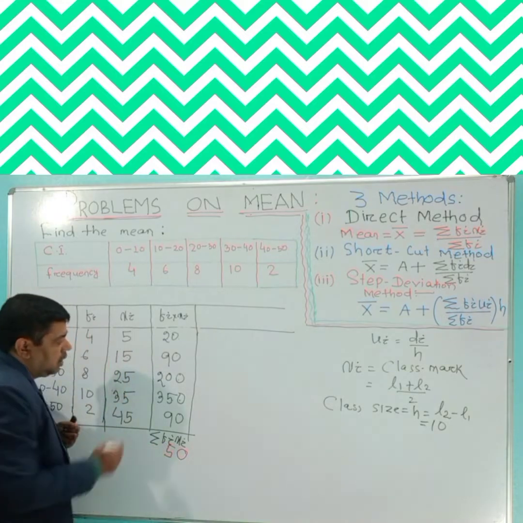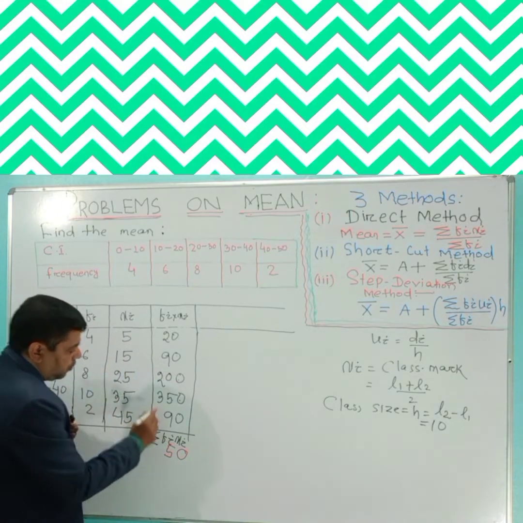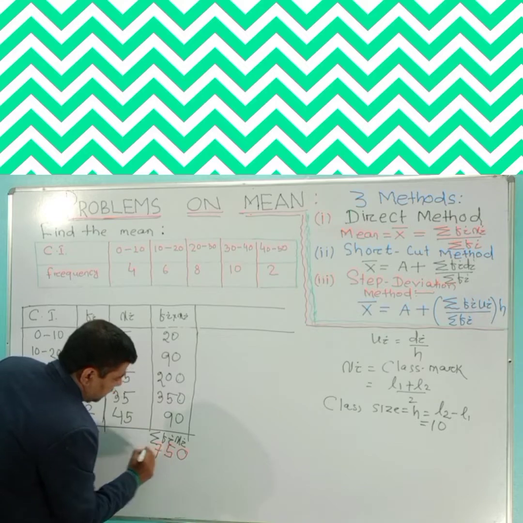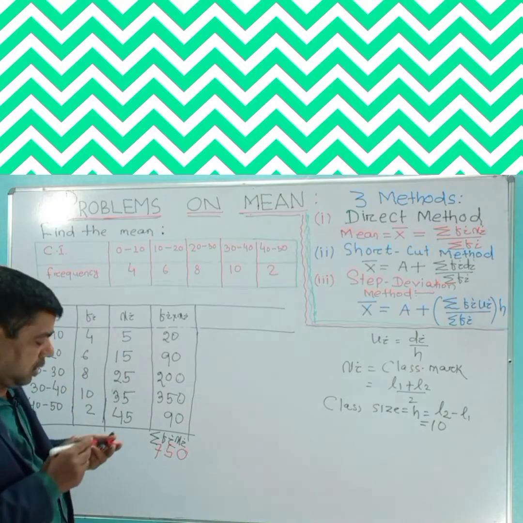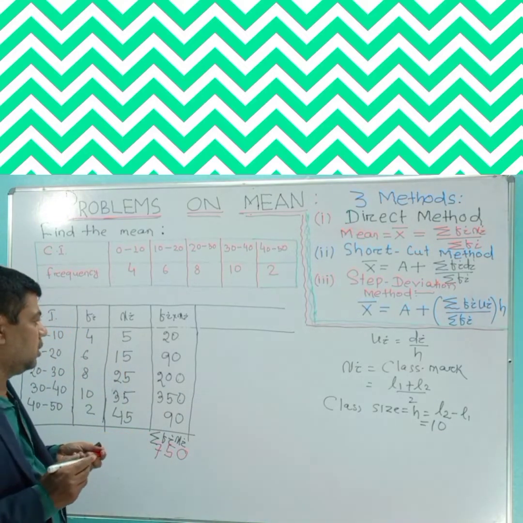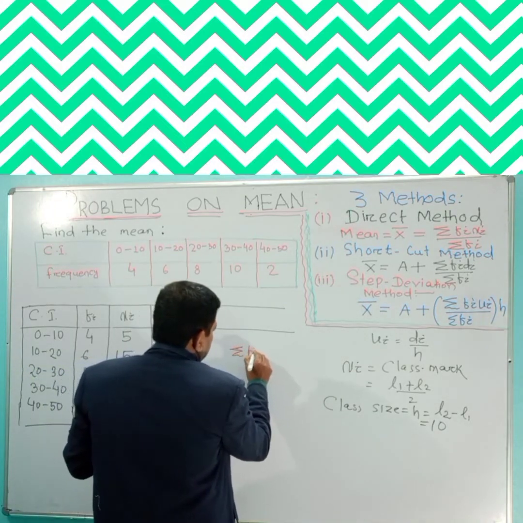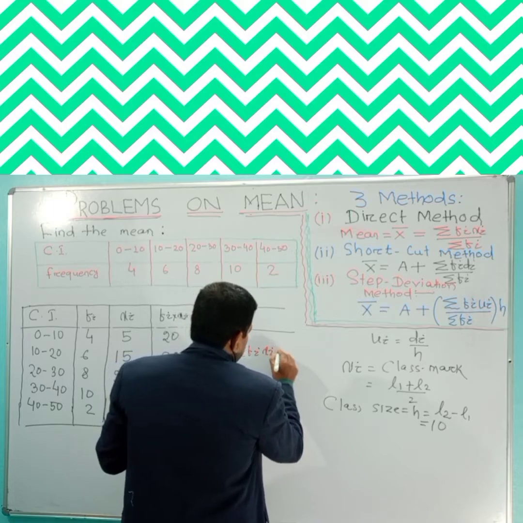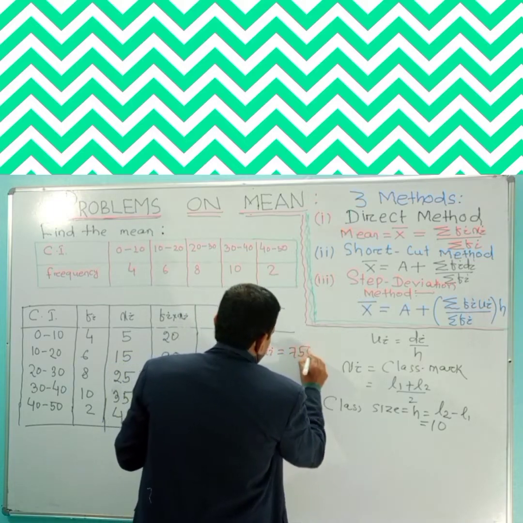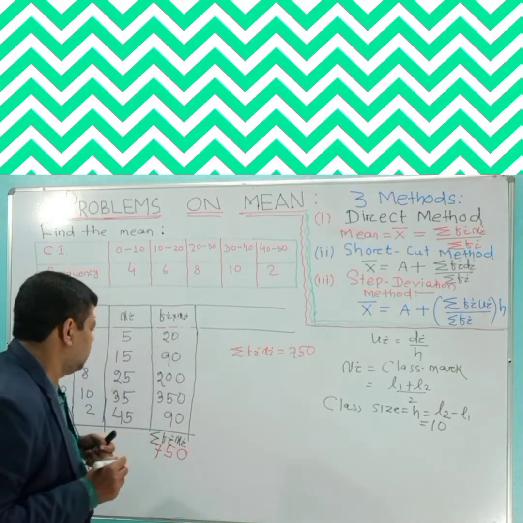Then 2 plus 2 is 4, 4 plus 3 is 7. This is 750. So the summation of fi xi is 750. Is it clear? Yes or no?